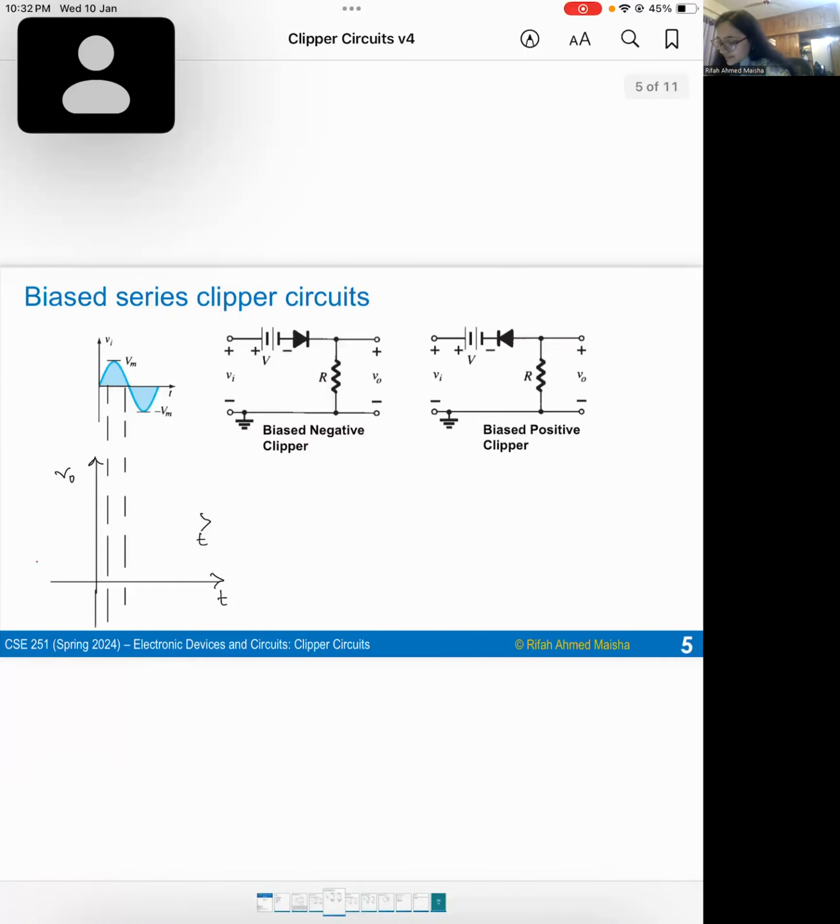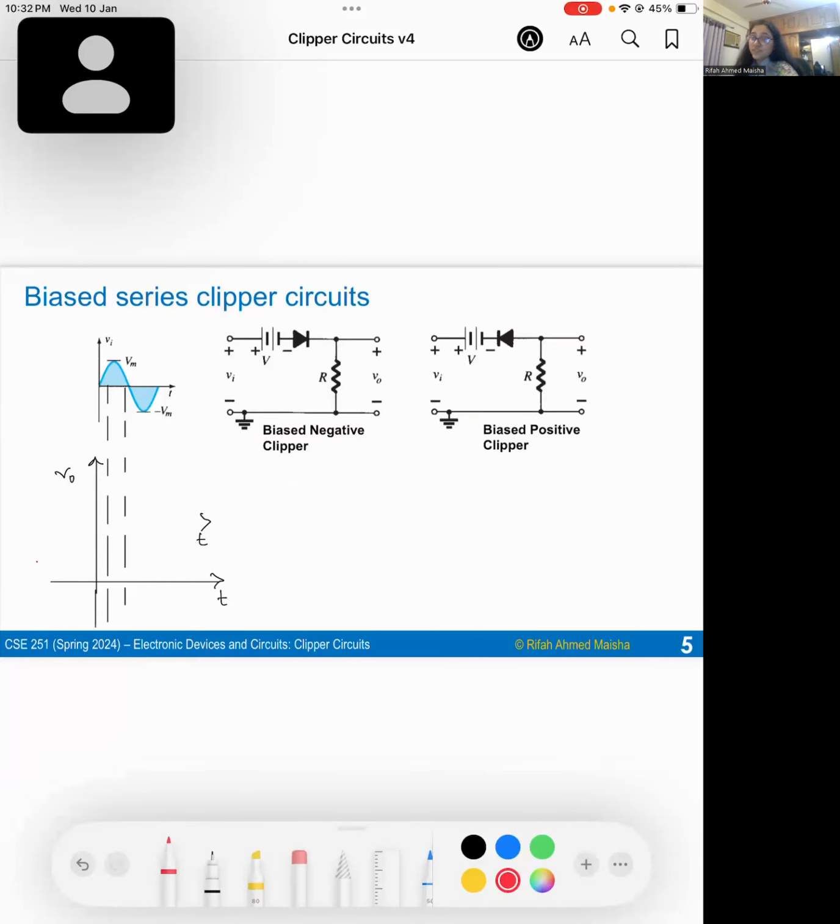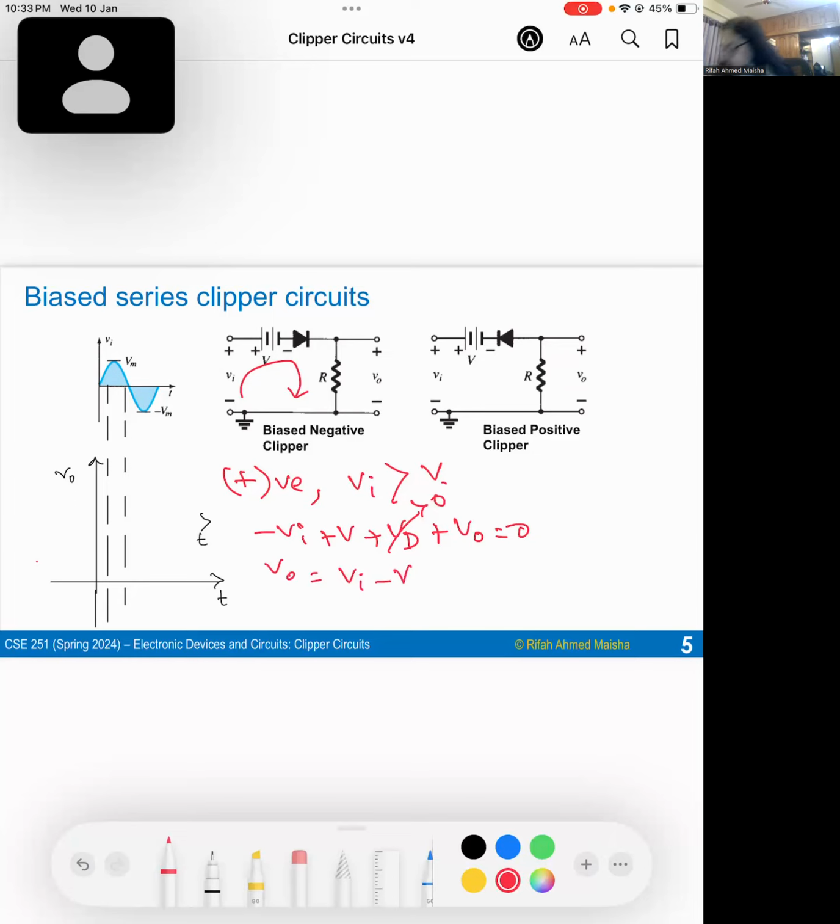For biased series clipper circuits, a bias voltage V is used. So in figure 1, if we apply the positive half cycle, when V input is greater than the bias voltage, the diode is forward bias and short circuit. So by applying KVL, we can write output equals input voltage minus bias voltage.